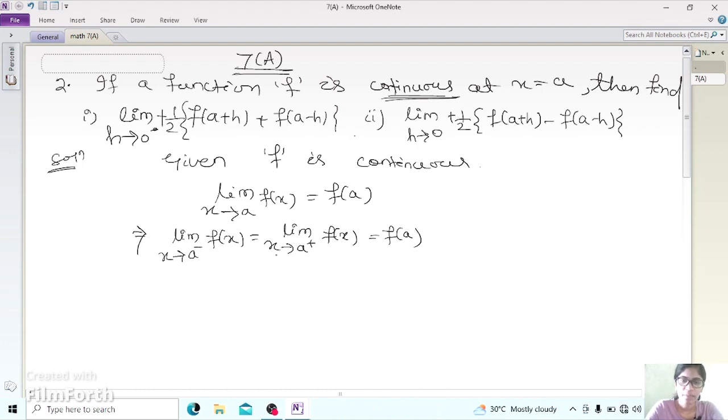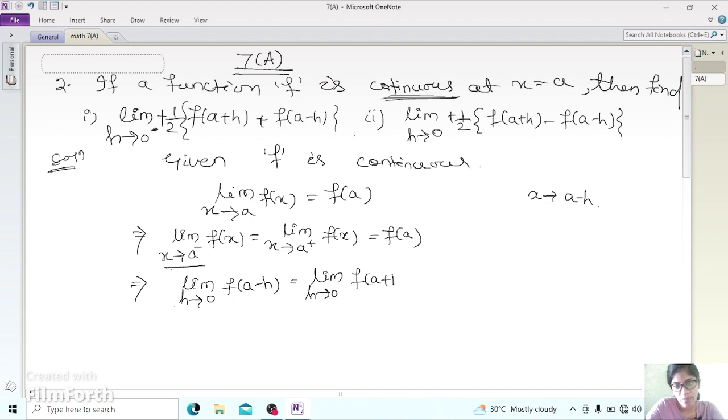That means left hand limit is equal to right hand limit is equal to f of a. That means we may write x tends to a minus h, that means h tends to 0, limit h tends to 0 f of a minus h is equal to limit h tends to 0 f of a plus h is equal to f of a.